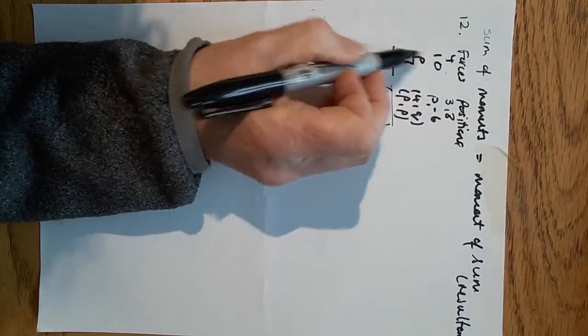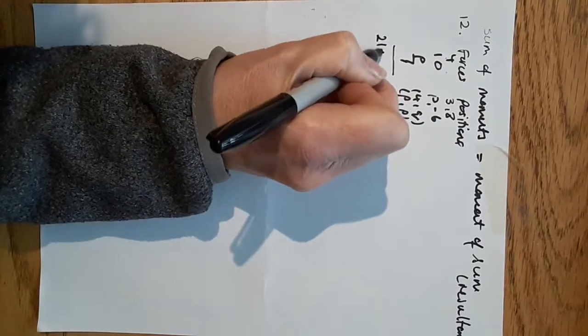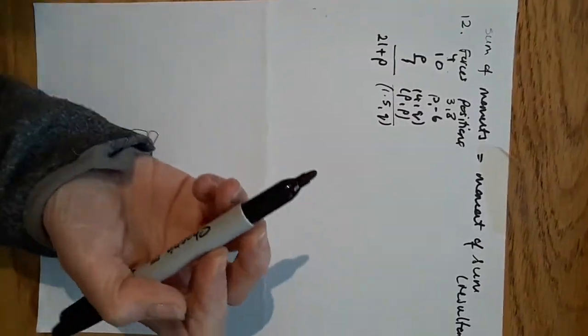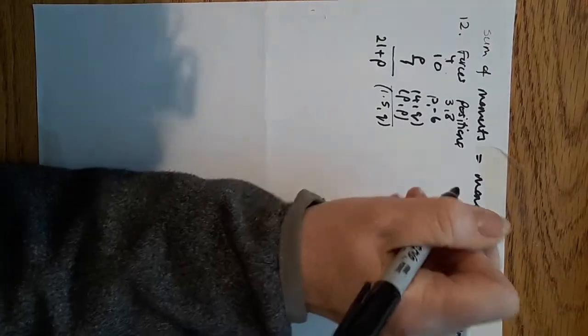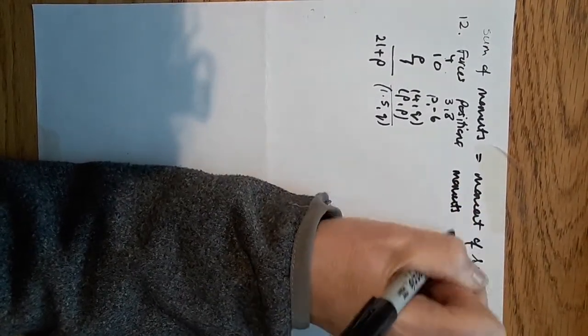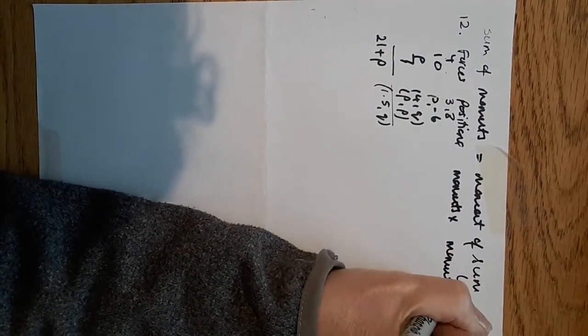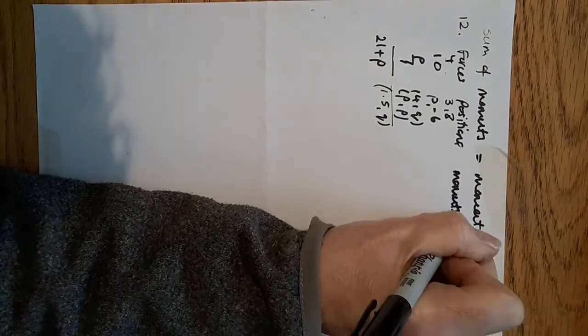The resultant of these forces, when you add those together, is 21 plus p. Now we're going to make up a table and find the moments of these forces about the x-axis and about the y-axis.